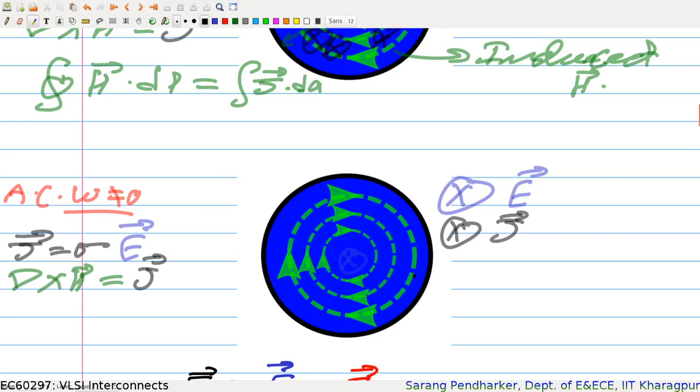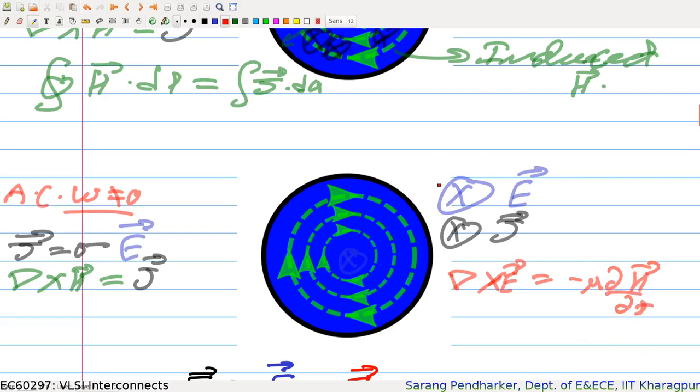But now we have another equation which we cannot ignore in the case of AC. What we also have is the curl of electric field, and that is given by minus mu del H by del t.